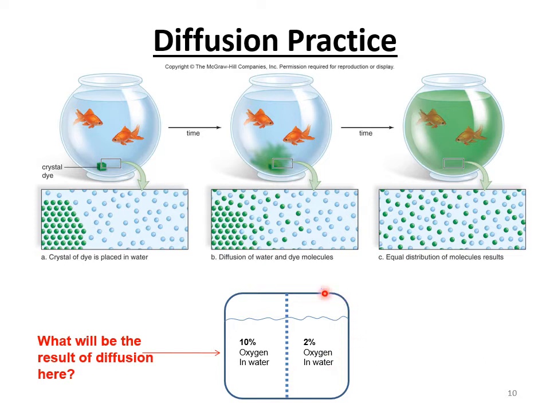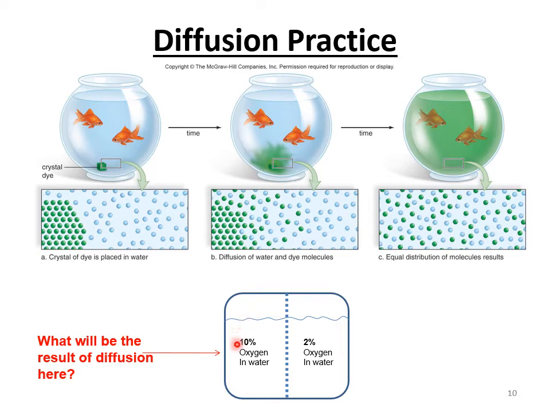So in this example that you see here, you have 10% oxygen. So that's your solute. 10% of oxygen over here, only 2% over here. Well, in nature, things want to balance out. They want to be equal. So that 10% will keep moving to this side until it's equal.